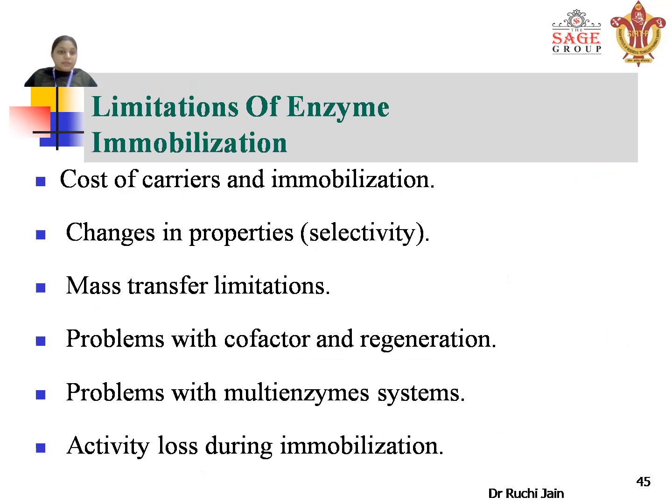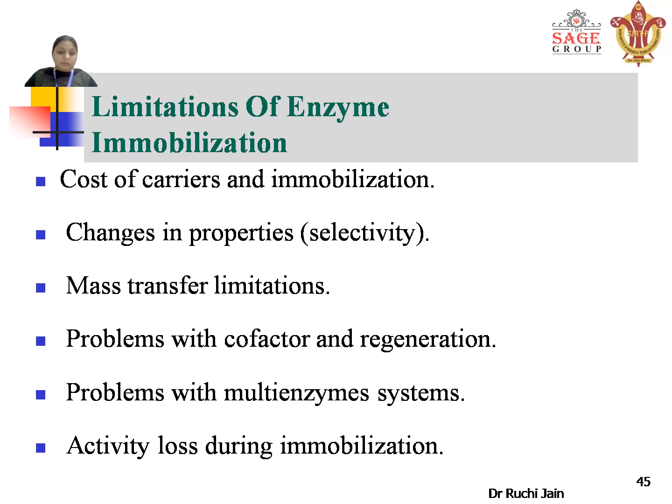Sometimes if the enzymes require a cofactor, then we cannot do these types of immobilization reactions. There is a problem with multi-enzymes also, and sometimes loss of activity is there while doing these types of immobilization techniques. But the advantages are more than the disadvantages or limitations.